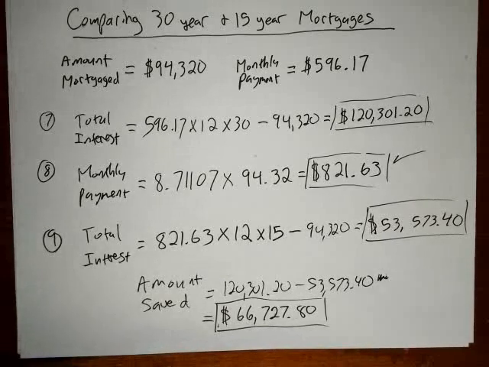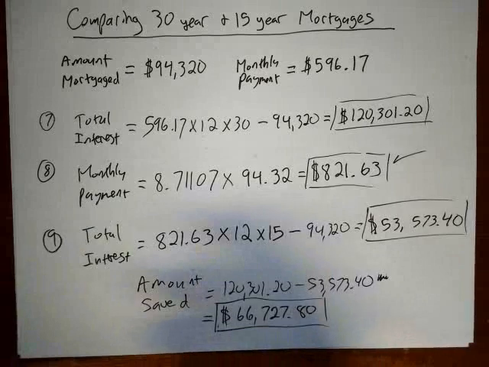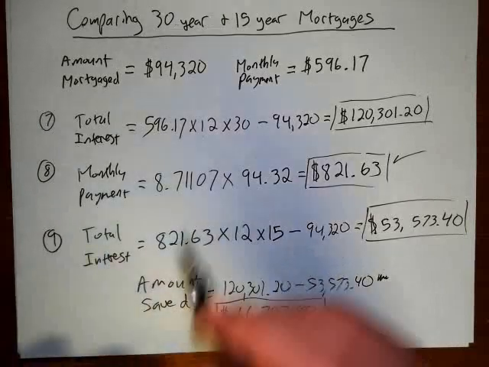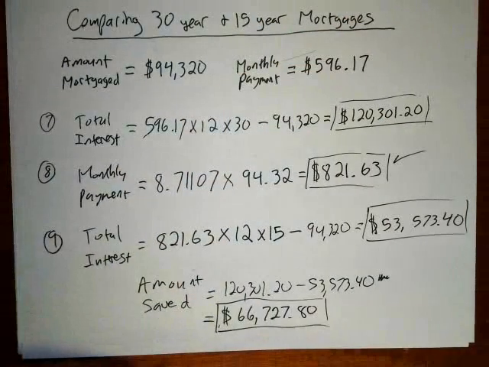As far as other ways are concerned, just remember way back when we did the simple interest formula, there were 3 ways you could save on interest. You could borrow less money, get a smaller interest rate, and have a shorter time of the loan. This would be like the shorter time of the loan, right? So there are other ways you can save on interest as well.